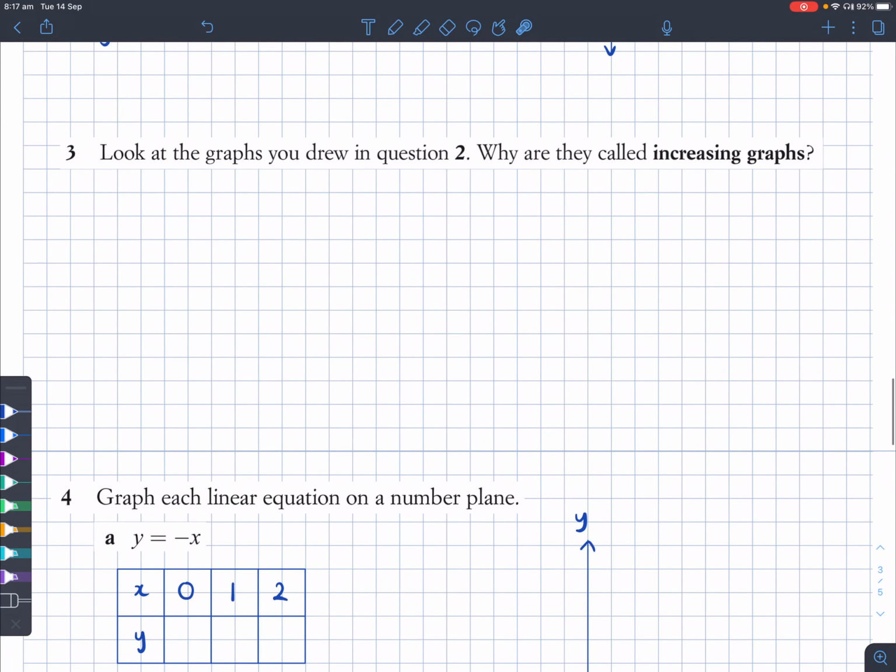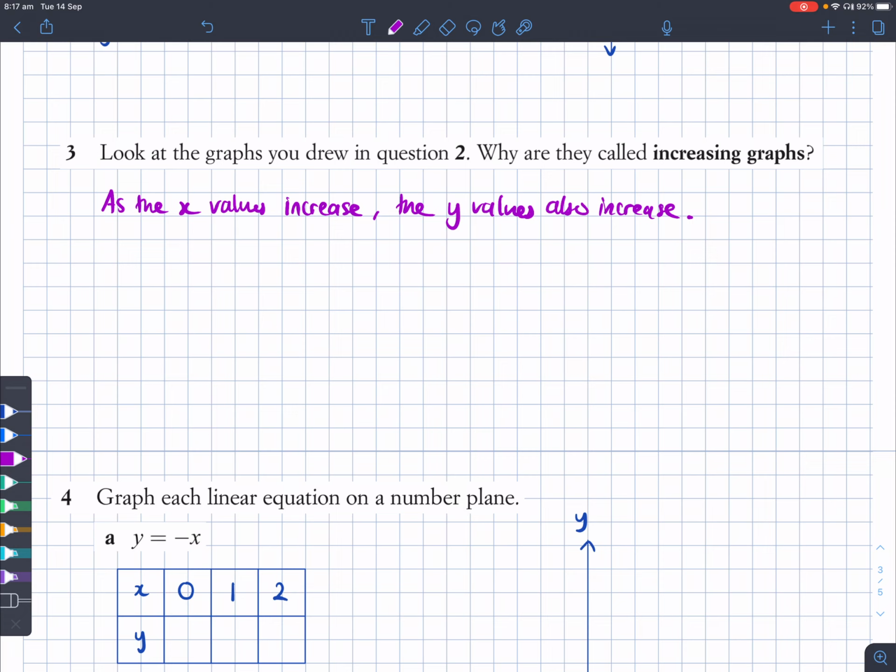But specifically speaking, we say as the x values increase, the y values also increase.